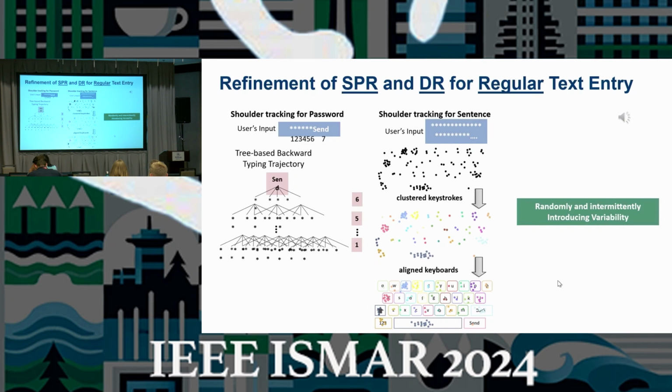Then the clustering results are aligned with the keyboard, and finally the keystrokes are marked to get the input content. Based on the features of recovering long sentences, we consider randomly and intermittently introducing variability in the virtual selection tools to improve typing efficiency while ensuring security.